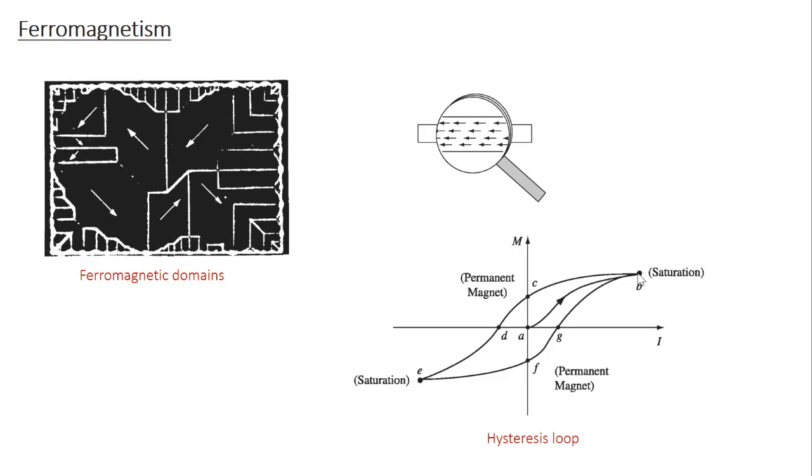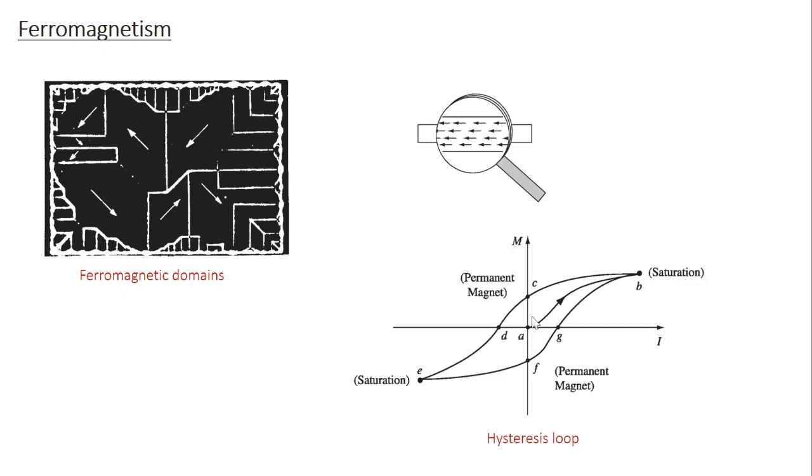Now from this point, if you reduce the current or the external magnetic field, some of the domains go back to the original configuration, but most of the domains retain their magnetization. So in this region, the material acts as a permanent magnet.